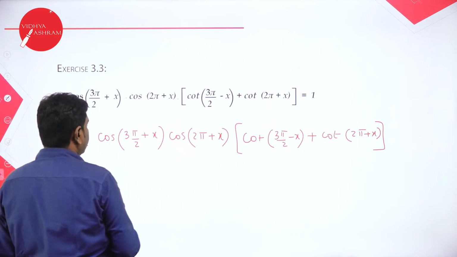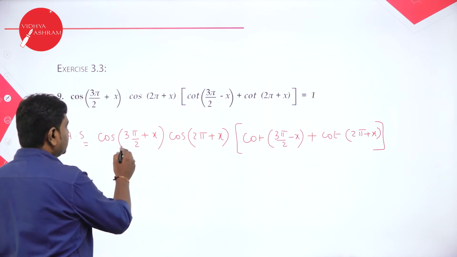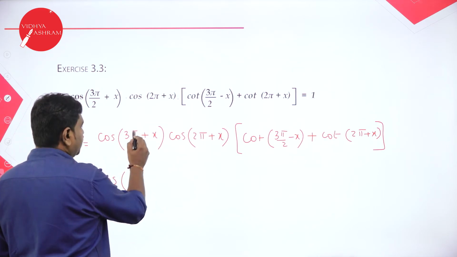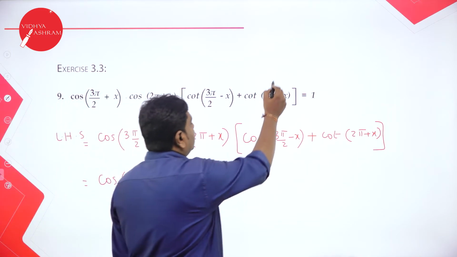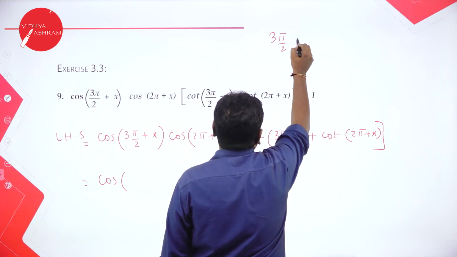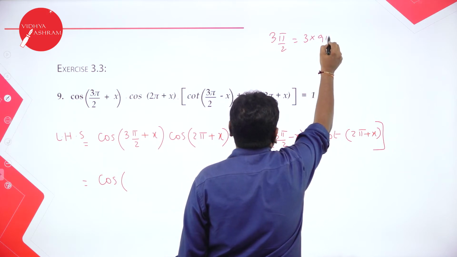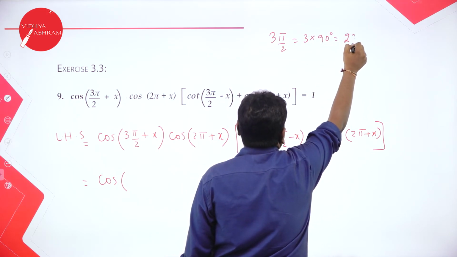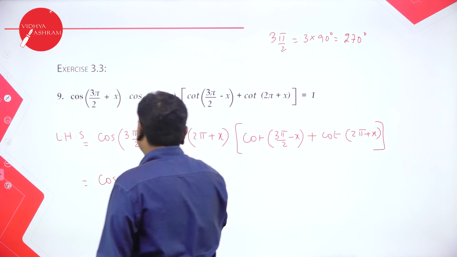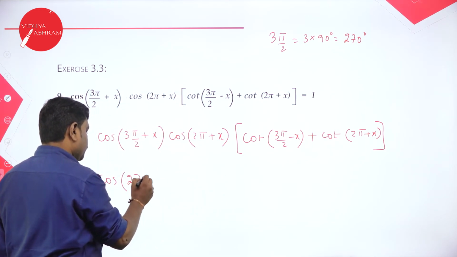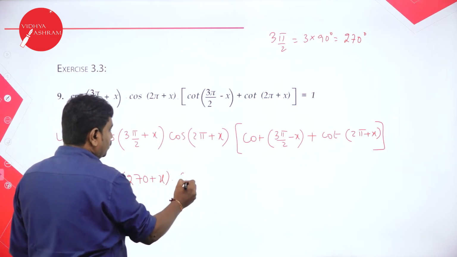So first I'll use allied angles. 3 pi by 2: you know pi by 2 means 90. What is 3 pi by 2? 3 times 90 degrees, so that is 270 degrees. So it is cos of 270 plus x into cos of 2 pi.